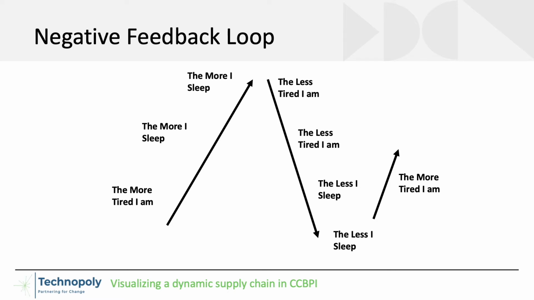Supposedly, you should be able to recover your energy. And the less tired you are, the less you sleep because you have more energy. And the less you sleep, eventually you get tired again, and you get more tired again. So notice the pattern by which our tiredness goes up and down over time.